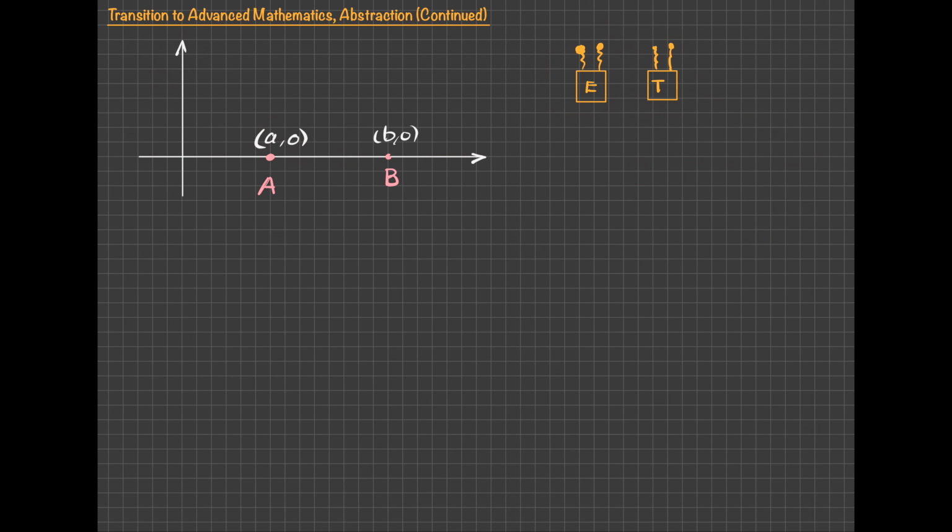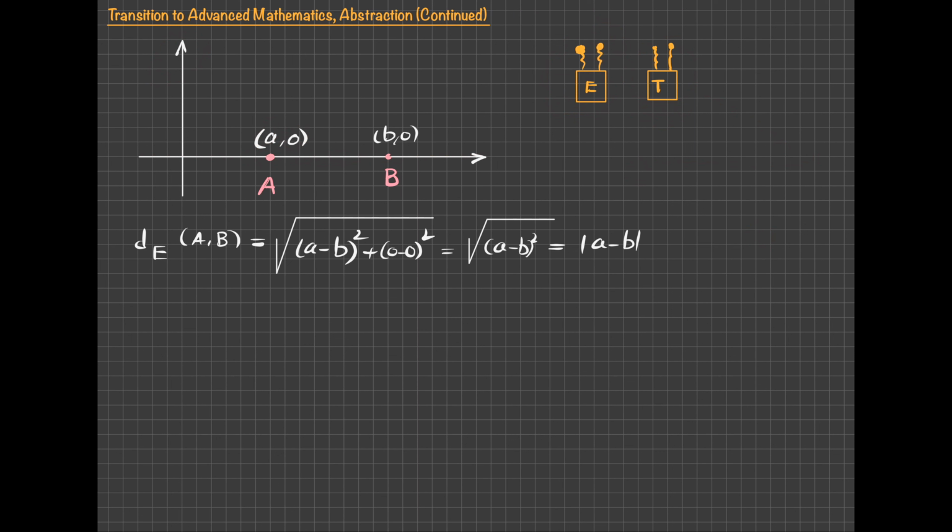Okay, so the reading on the first gadget is what? Is this square root of the difference between x coordinates squared plus the difference between y coordinates squared. So this becomes simply square root of a minus b squared, but this is simply just absolute value of a minus b. So if these people use this gadget for these two typical points, they will get this one.